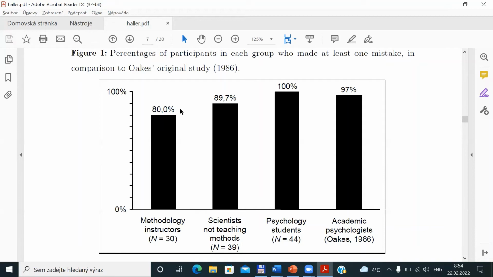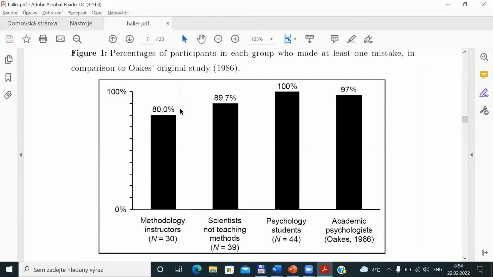The question is whether the concept is so complicated that even teachers are not able to understand, or maybe the reason could be that their teachers were wrong, also their textbooks were wrong, etc. You can find quite a nice discussion in this article, which is describing the situation in psychology approximately 20 years ago.